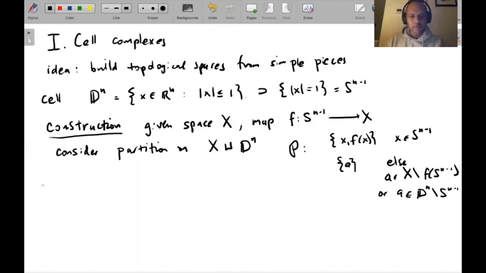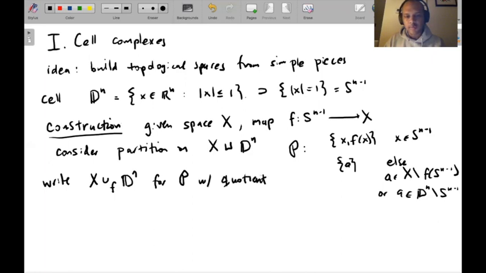So we write, well, let me write it this way: X union over f D^n for the quotient space P with the quotient topology. Okay, so we'll give it this special notation. Right, so some terminology.